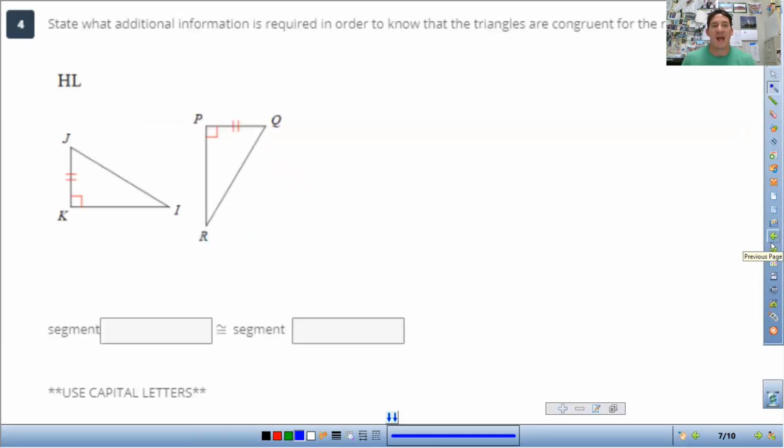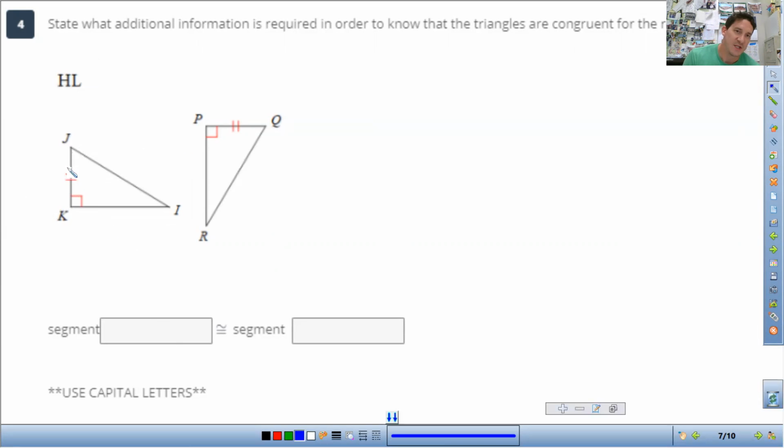The next problems, remember, there's not enough information provided to say that these are congruent. What we're doing is stating what additional information we need to state they're congruent. So not enough, what is going to make it enough? You've got to pay attention here. For hypotenuse leg, first thing you're looking for: are they right triangles? Yes, we're good.